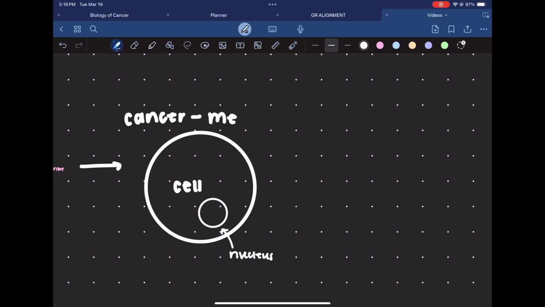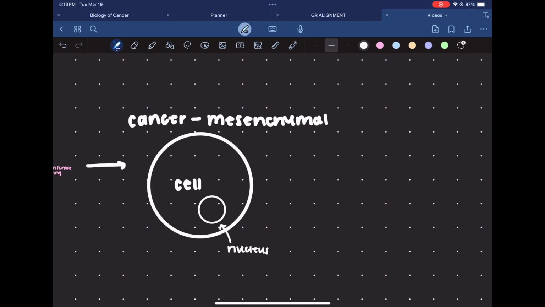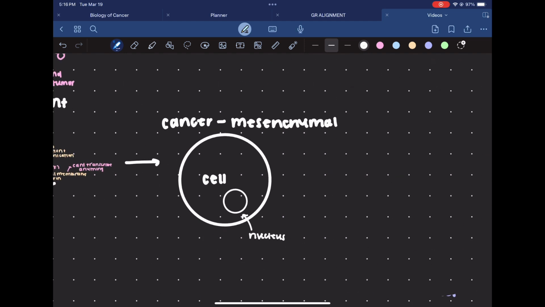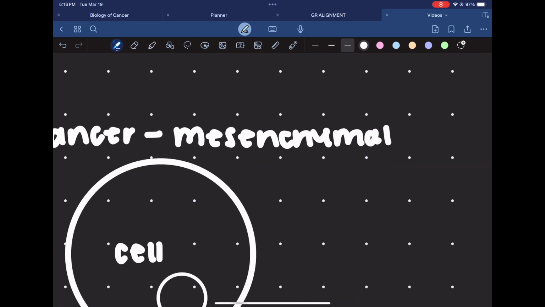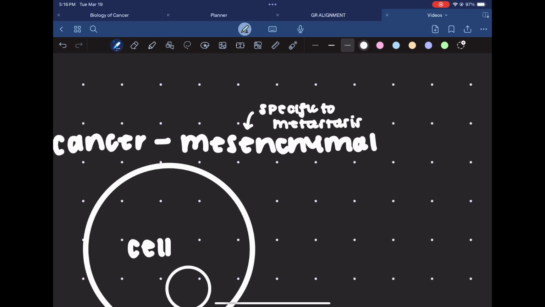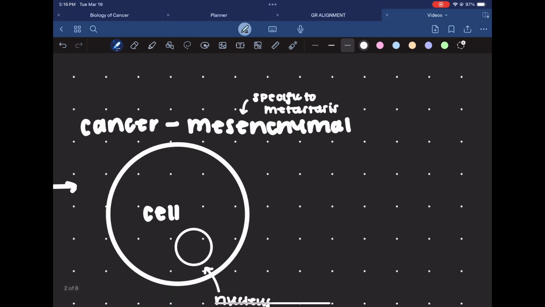This is going to be called a mesenchymal characteristic that this cancer cell has. And this is when it is looking to metastasize in particular. So this trait is specific to metastasis, right? So cancer cells will transition away from epithelial to mesenchymal when they're going to metastasize.